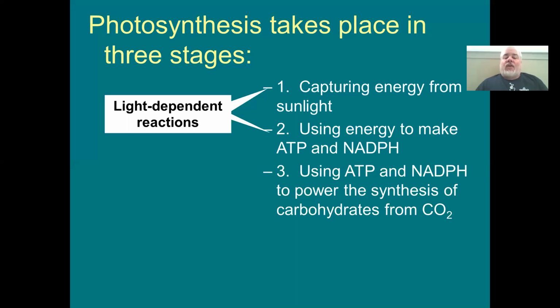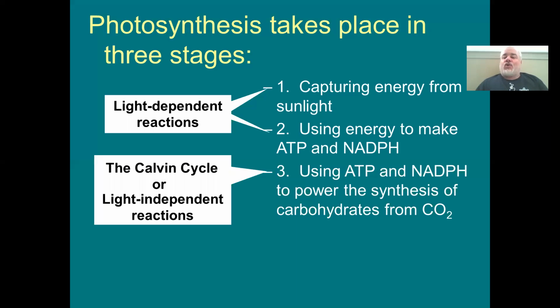And we call the third step the actual chemistry of the photosynthetic reactions, the synthesis of carbohydrate from carbon dioxide, the light independent reactions because it's not directly dependent on the light. It is dependent on the ATP and the NADPH. And we call this process, the whole series of steps of chemical reactions, the Calvin cycle.